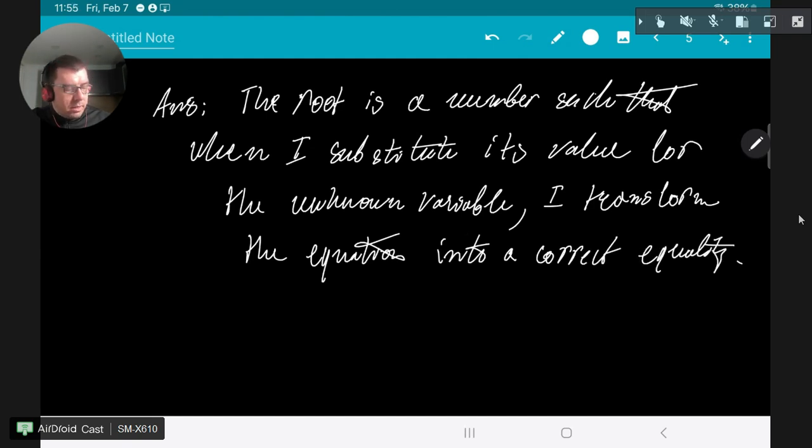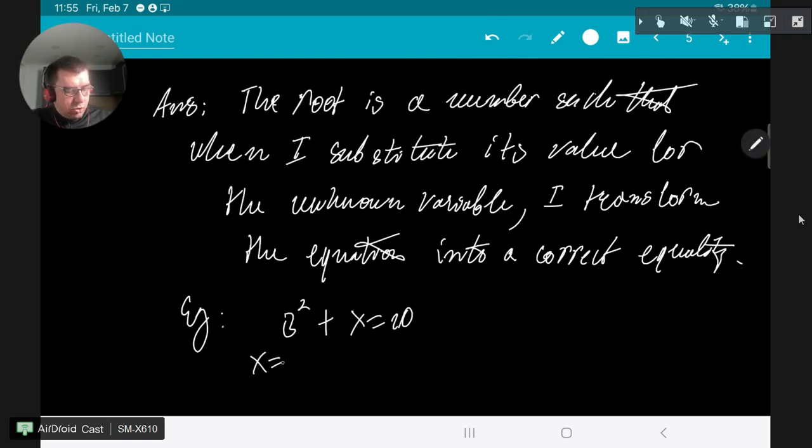Okay? In the same example, 3 to the power of 2 plus x equals 10. How do I know, for example, that 2 is not a root?